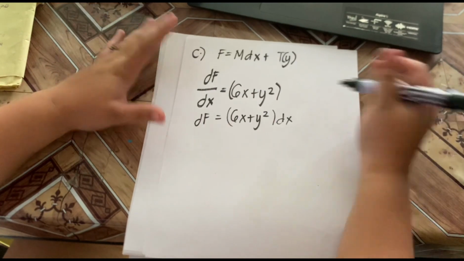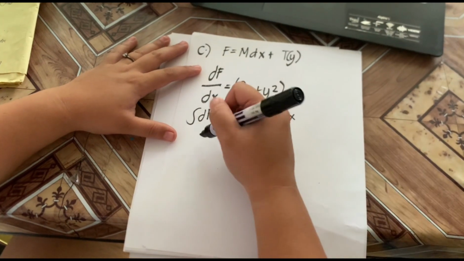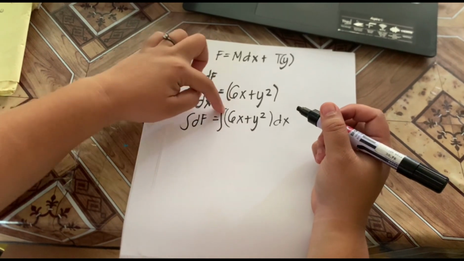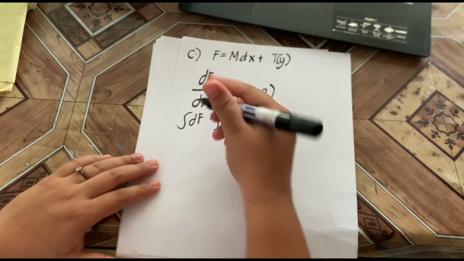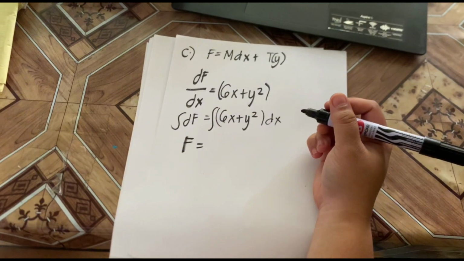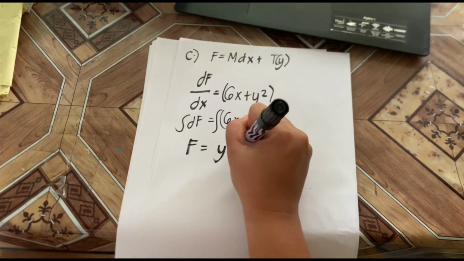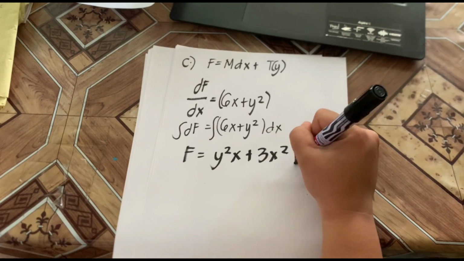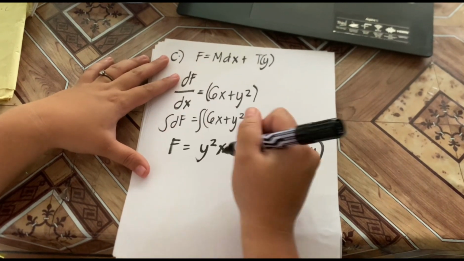So the next step would be integrating this too. We have the integral of the partial derivative of f equals the integral of 6x plus y squared dx. So the integration would be f equals y squared x plus 3x squared plus our constant, which is t of y. So this would be the answer.